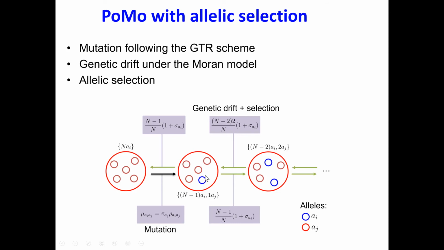Now, if we consider selection, to increase this blue allele, the rate is not only 1 but 1 plus the selection coefficient, the fitness advantage of that blue allele, which we would denote with the parameter sigma_A. So basically, you just have to introduce these allelic selection coefficients, and you have a model which is polymorphism aware, which includes selection.